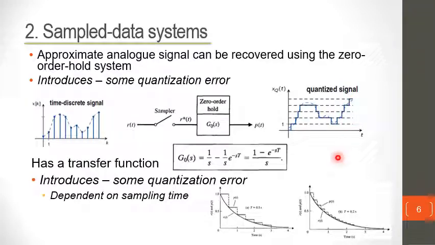So you will find that the process or the plant itself doesn't see a completely smooth analog input, but it sees this step or staircase type of signal, which has been created by a zero order hold system.